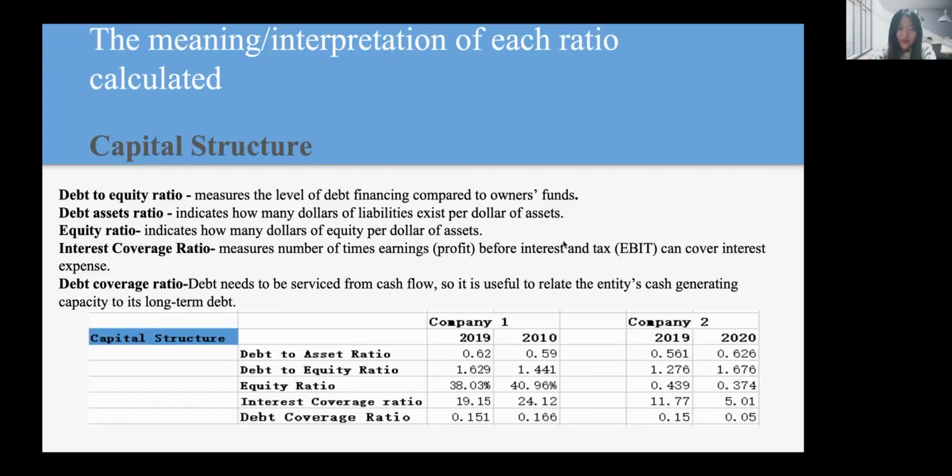And next is equity ratio, which indicates how many dollars of equity per dollar of assets. And then is interest coverage ratio, which measures the number of times earnings before interest and tax can cover interest expense. And the final one is debt coverage ratio. It's useful to relate the entity's cash generating capacity to its long-term debt.